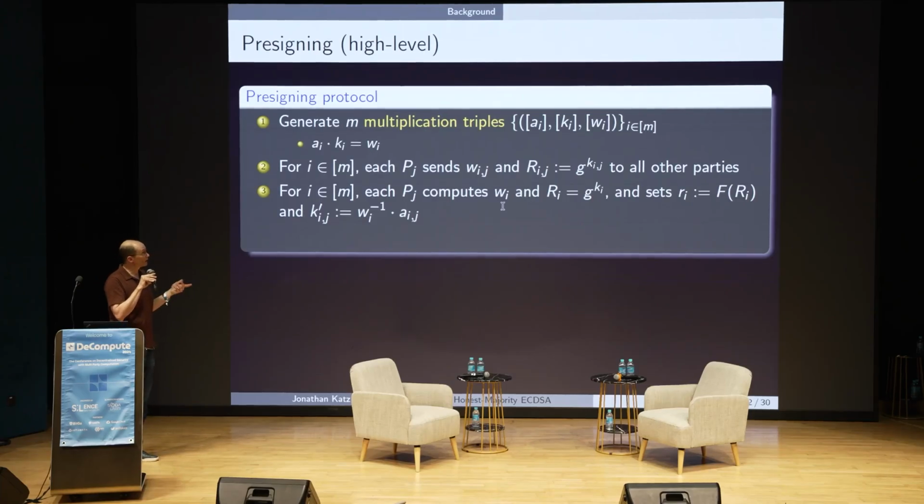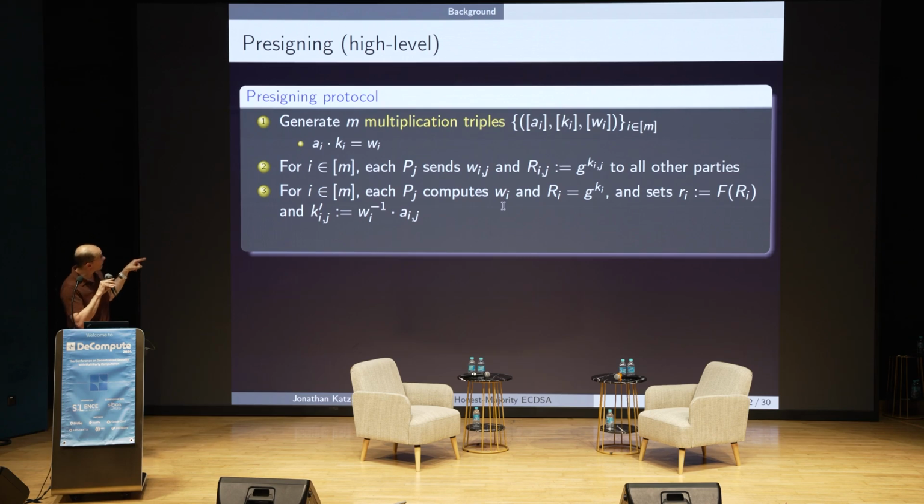That allows the other parties to reconstruct the value of Wi and the value of capital Ri and compute little ri as well. And then every party will compute locally a key share K prime ij equal to Wi inverse times Aij. Basically, what this means is that if everyone proceeded correctly, this K prime ij is actually a T out of N sharing of Ki inverse.